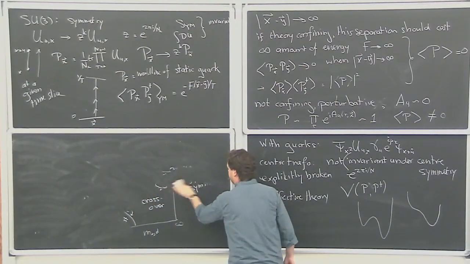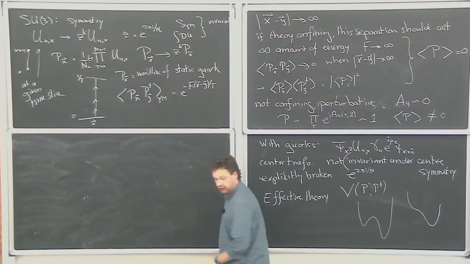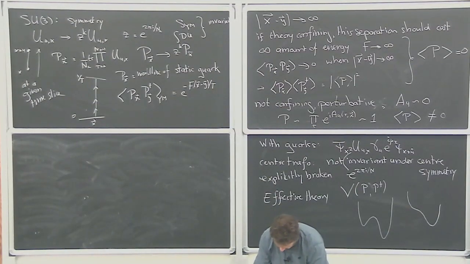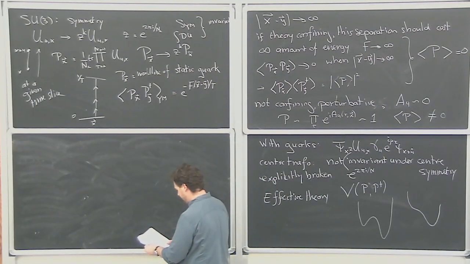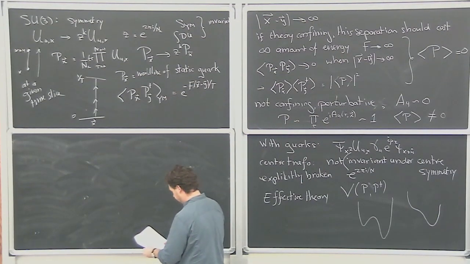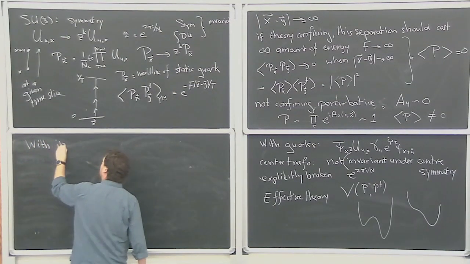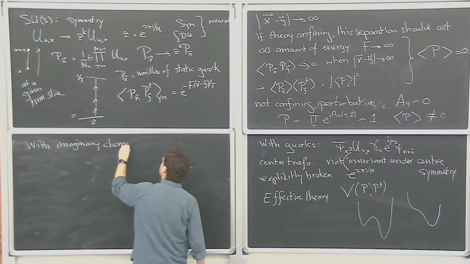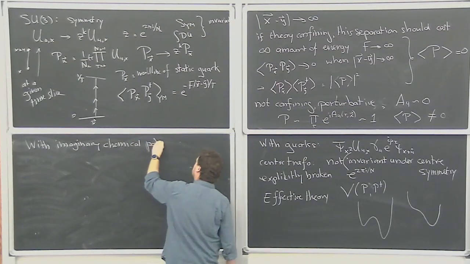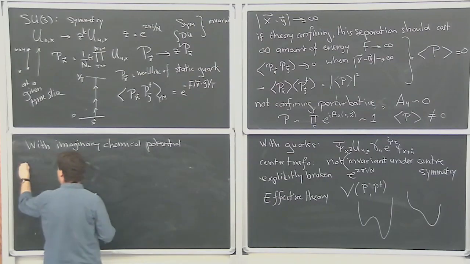So now let's reconsider the center transformations when there is an imaginary chemical potential and see what happens. How are we going to do this? With imaginary chemical potential, I'm going to do it in two steps or two conditions.